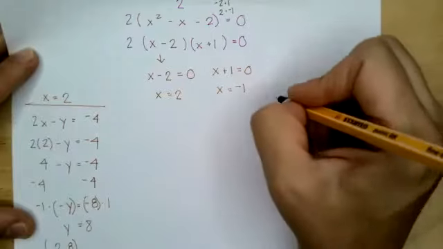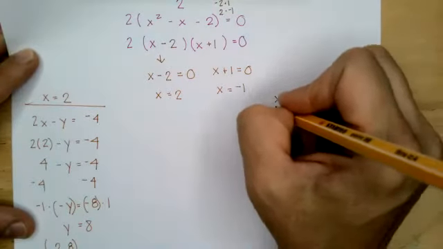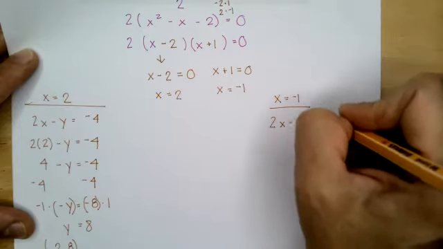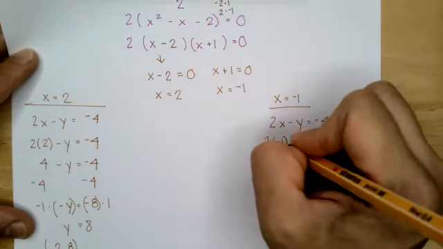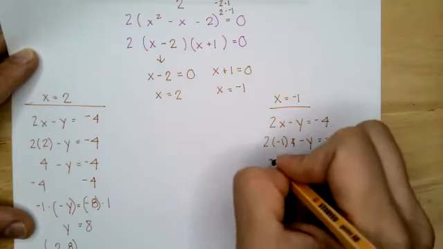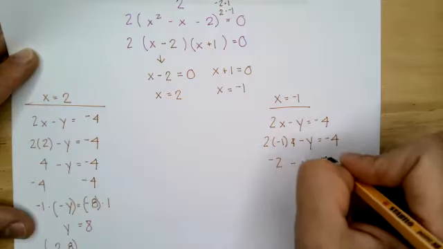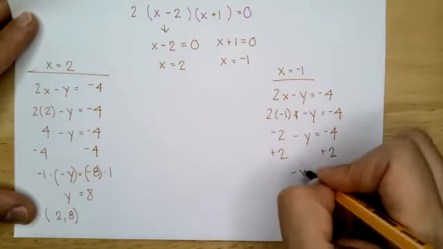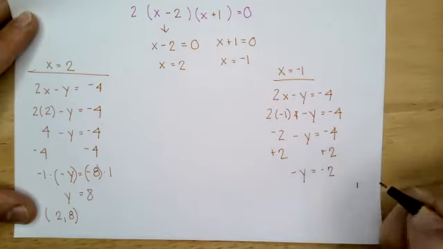And then also when x is -1, 2x minus y equals -4. 2 times -1 minus y equals -4. -2 minus y equals -4. Add 2. Negative y equals -2.